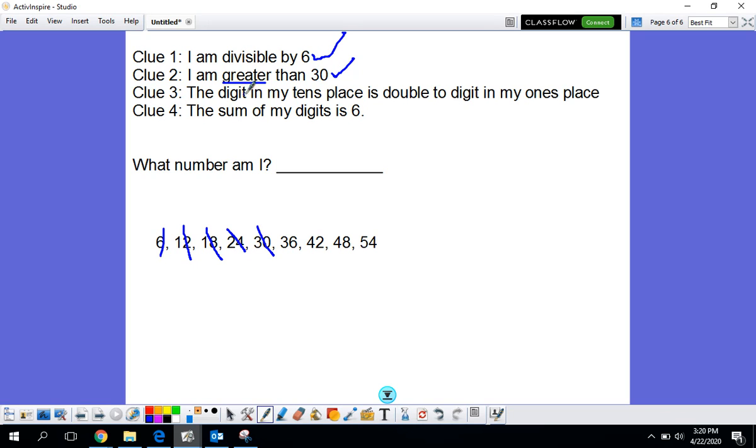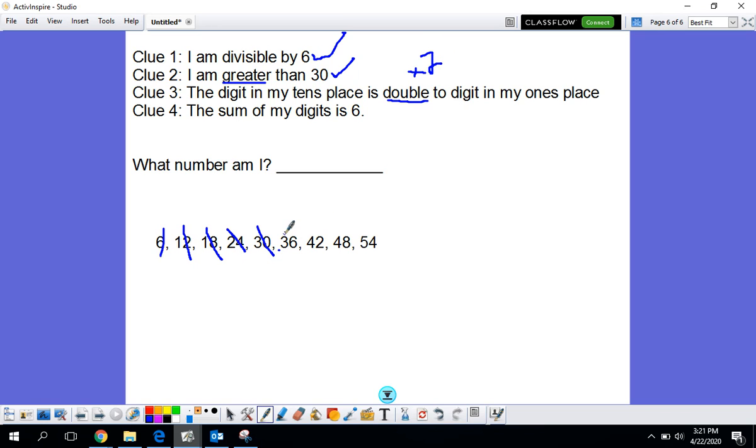Clue 3, the digit in my tens place is double the digit in my ones place. Now, there's still more 6s I could count by, but it means the tens place is double the ones place. Double means times 2 or multiplied by 2.